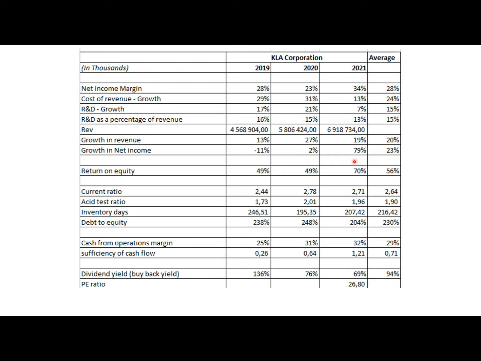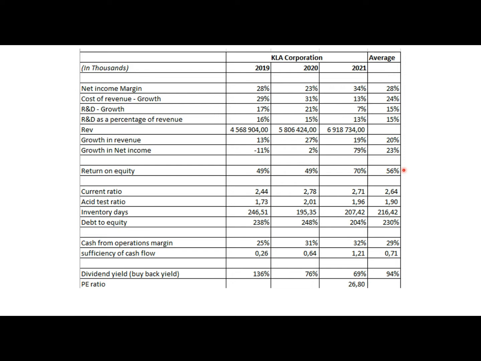The ROE has significantly improved from 2019 to 2021, and on average we've outperformed the market. That is very good. That highlights the efficiency of KLA in investing equity in its operations to return above-market returns on said investment. So again, very impressive, very good, more than happy.